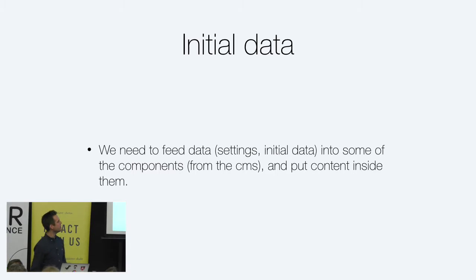And we need to pass some initial data in. If you're used to working with a CMS, or how we did in Angular 1, we would feed data into our components through maybe a JSON object, or even through DOM elements nested inside a component, and then use transclusion in Angular 1 to make that light up.